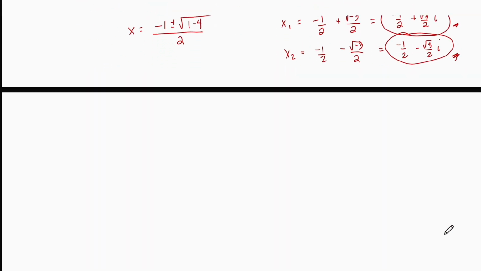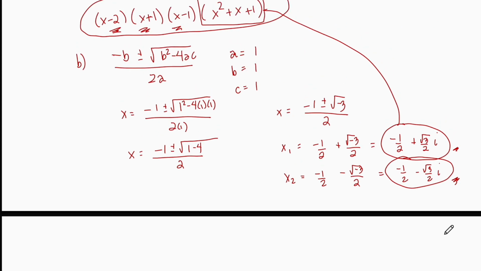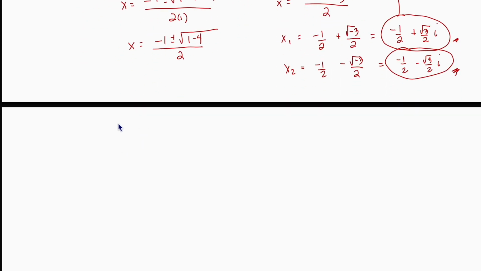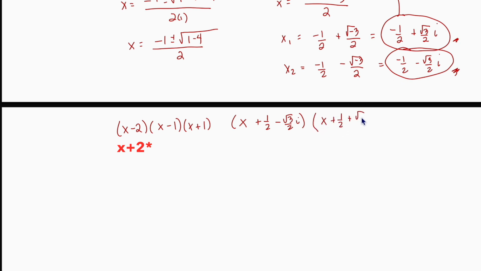We now have x minus 2 times x minus 1 times x plus 1 times eto. Okay, we have x plus 1 half minus square root of 3 over 2i times yung pangalawa, x plus 1 half plus square root of 3 over 2i. So, eto yung sagot sa letter B.